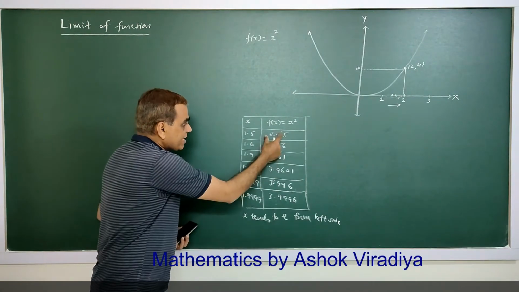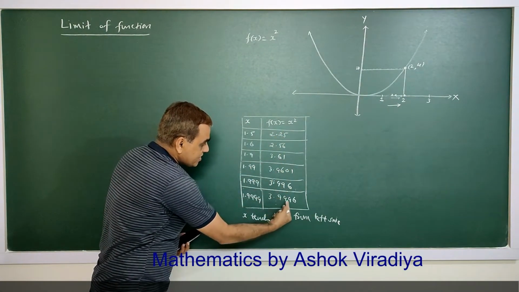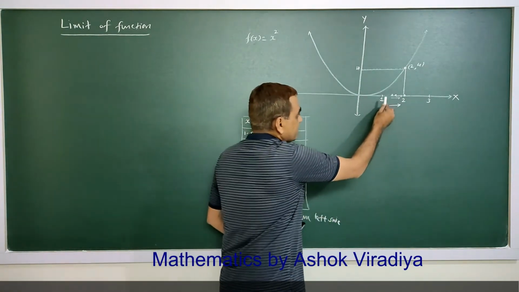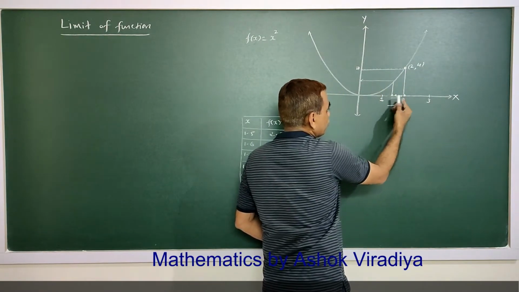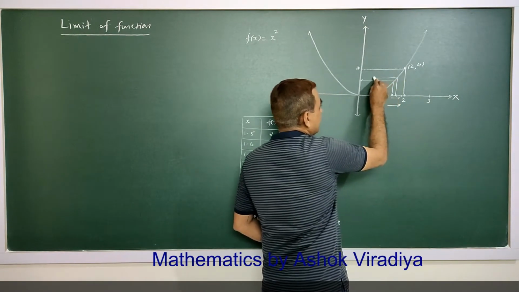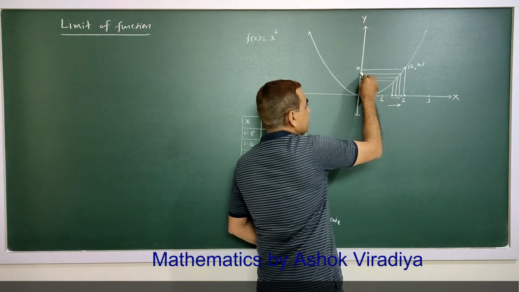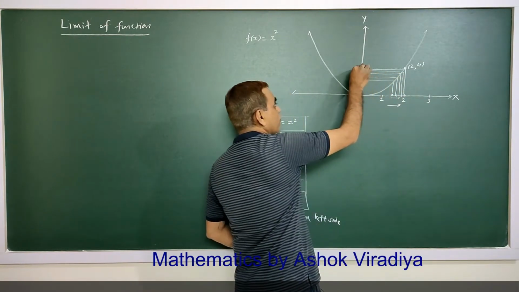Then what is happening here? See, f(x) is going near and near towards 4. Here as x is going near and near towards 2 from left side, observe on the y-axis. See here, images are going near and near towards 4.